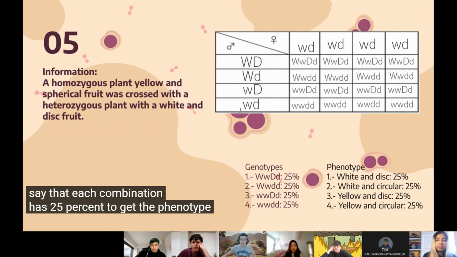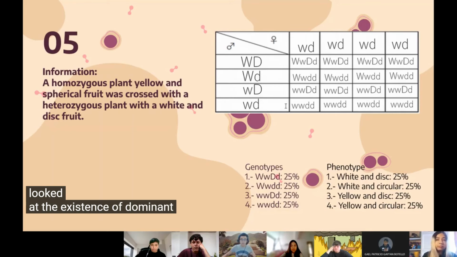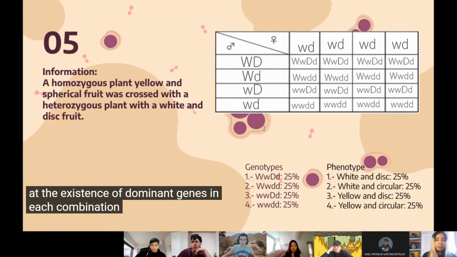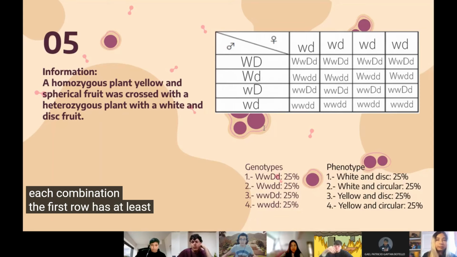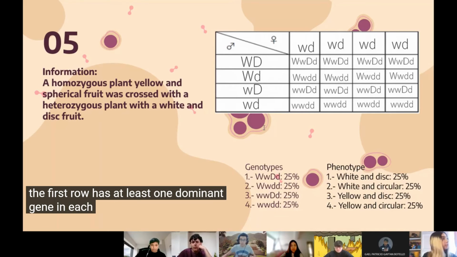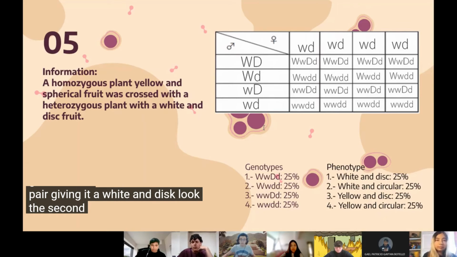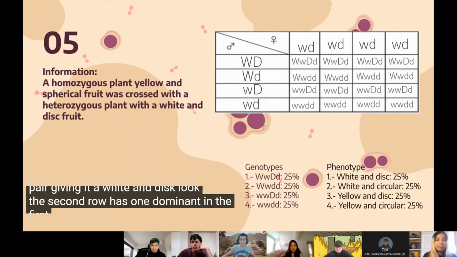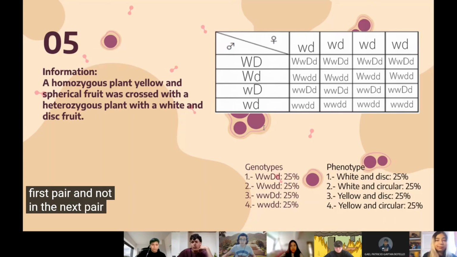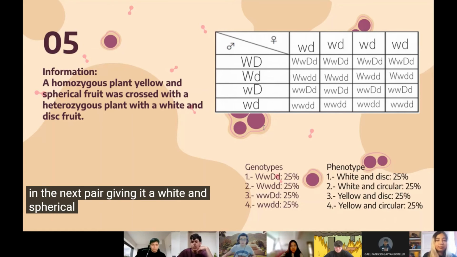To get the phenotype, we looked at the existence of dominant genes in each combination. The first row has at least one dominant gene in each pair, giving it a white and disc look. The second row has one dominant in the first pair and none in the next pair, giving it a white and spherical look.